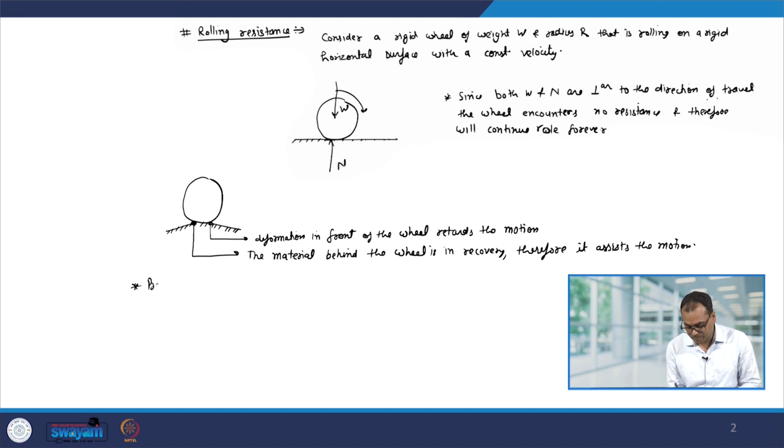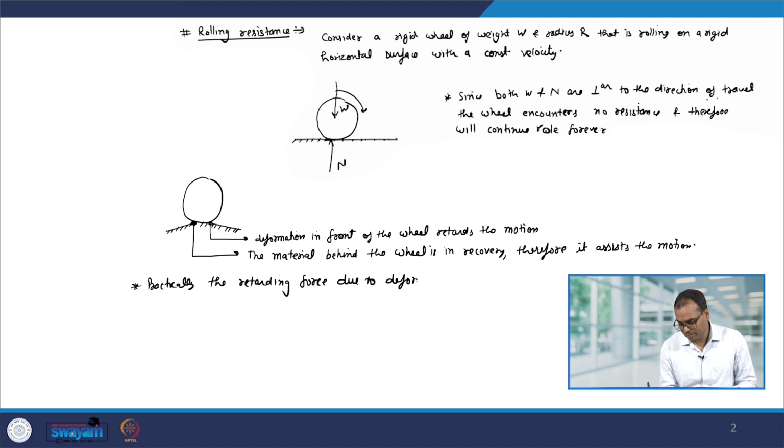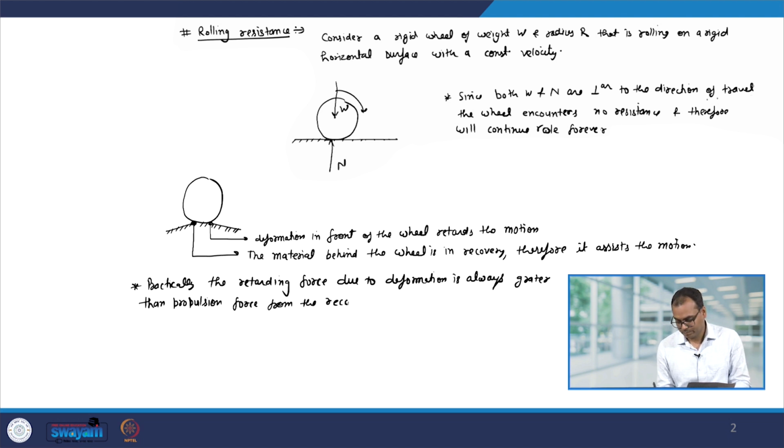So, practically the retarding force due to deformation is always greater than the propulsion force from the recovering material.